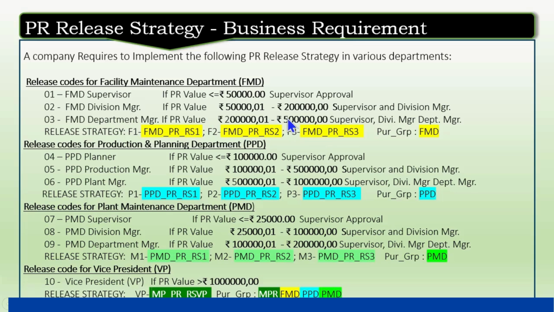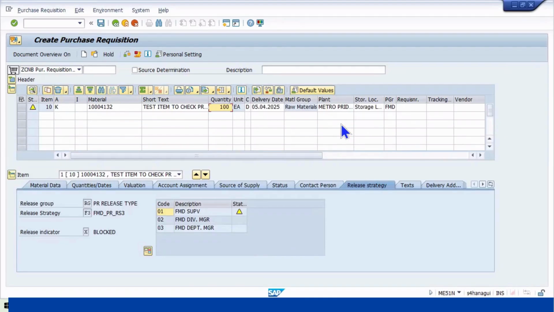So you need to split the PR into two. You have to make two separate PRs which are less than 500,000. If you want, you can do that, or you can increase the level for each approval. As we have taken from 200,000 to 500,000 for the FMD department manager, you can split the PRs, creating two PRs for less than or equal to 500,000.